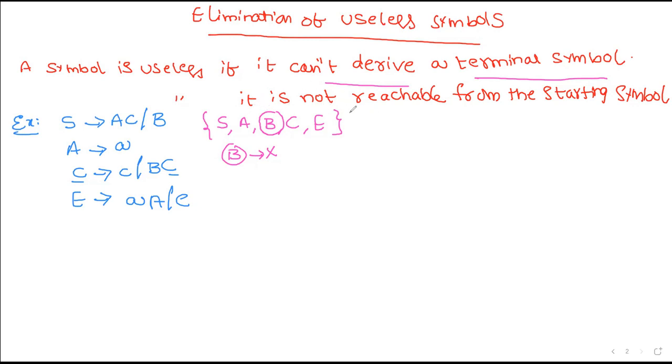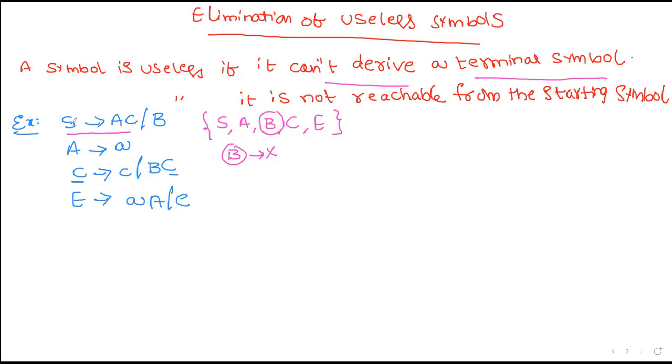Second point, if it is not reachable from the starting symbol. That means each and every symbol must reach from the starting symbol. Why? Deriving a string always starts from the starting symbol. If there is no connection to the starting symbol, then there is no use. Observe, S tends to AC.